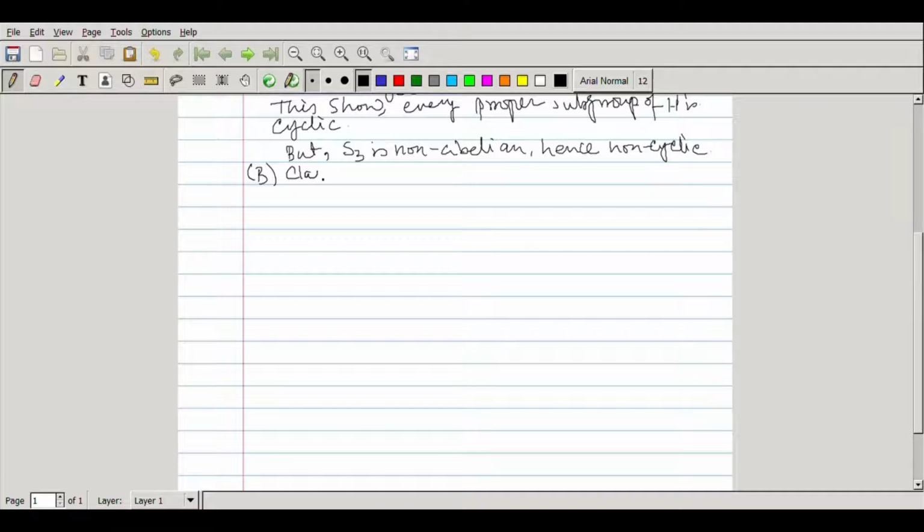Our claim is that every proper subgroup, okay, we don't even need proper, we can show that every subgroup of Zn, every subgroup of a cyclic group is cyclic. Okay, so how do we prove this? We start with some cyclic group.